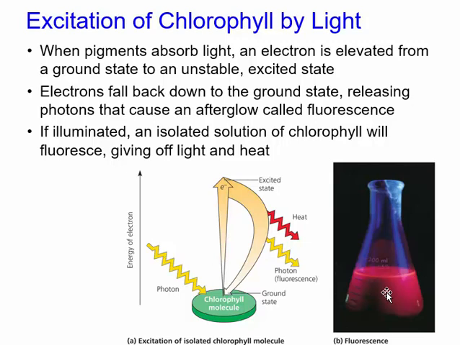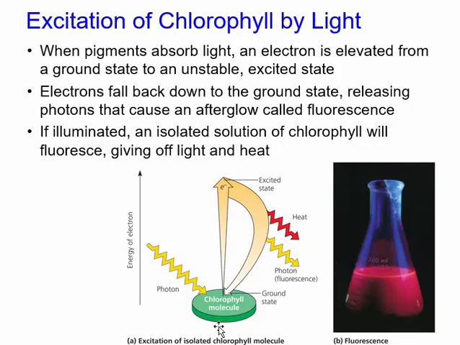And then in the flask example here, they have nowhere to go. So they drop back down. That's this other arrow here, thunk, back down into chlorophyll, down to their ground state. But in that, you've gone from something with potential energy, this high energy electron, back down to its ground state. What happens? Heat and light is produced, in this case, fluorescence.